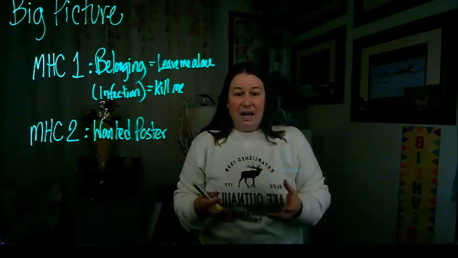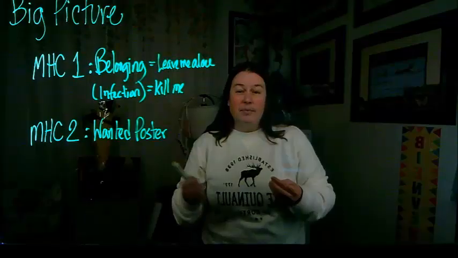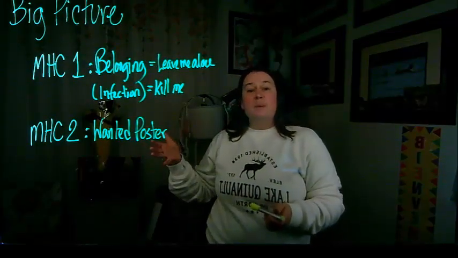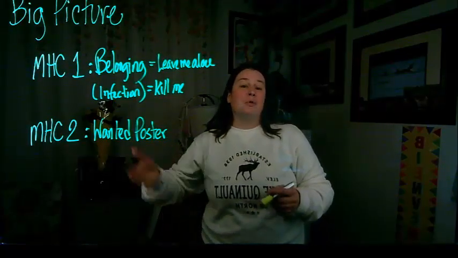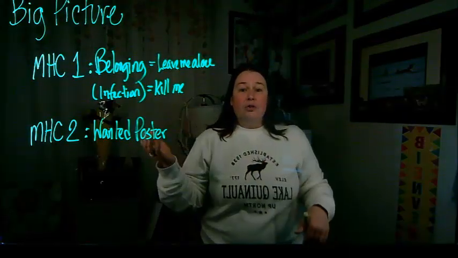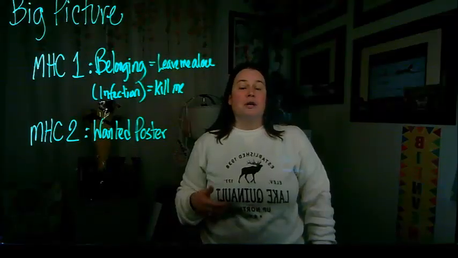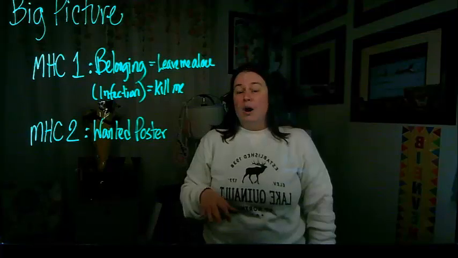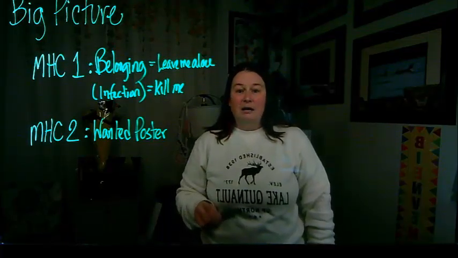We'll digest the molecules and the cells and the viruses and the bits and the things that don't belong in the body. And then special groups of them, like a macrophage, have the ability to then present on a flag as an antigen with the MHC2 major histocompatibility, a wanted poster that allows other cells in the body, those immune system cells, to know what the enemy actually looks like and who to go out and attack.